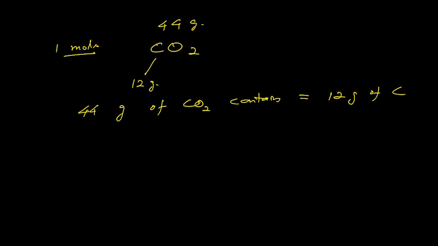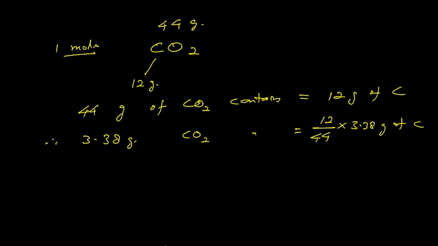Okay. It means whatever amount is given, what was the amount? I think 3 point something, so 3 point something grams of carbon dioxide will contain how much? 3.38 grams, okay, good. Thanks. 12 by 44 into 3.38 grams of carbon.